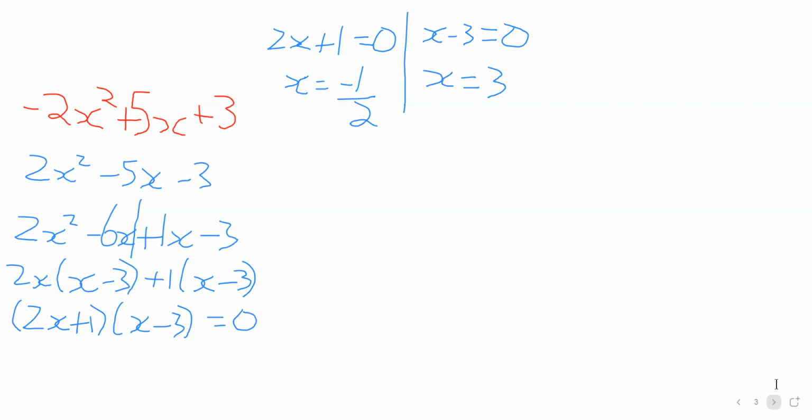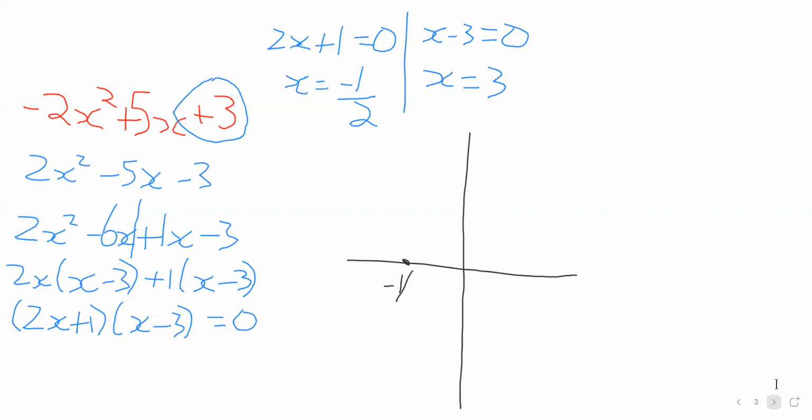All we need now is the y-intercept. So the y-intercept is positive 3. So let's draw an xy plane. We have negative a half, and we have 3, and then the y-intercept is positive 3.